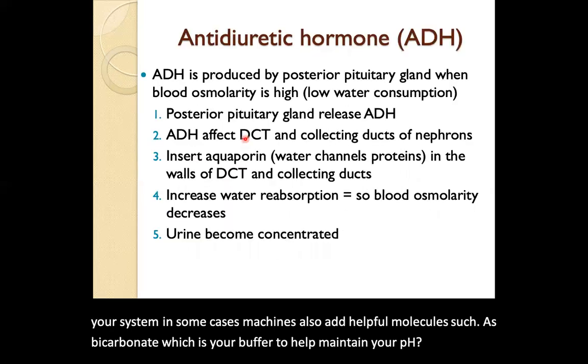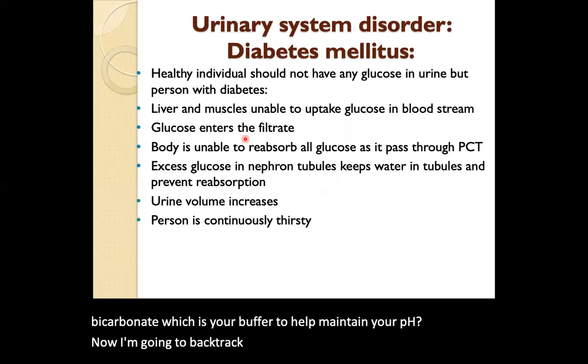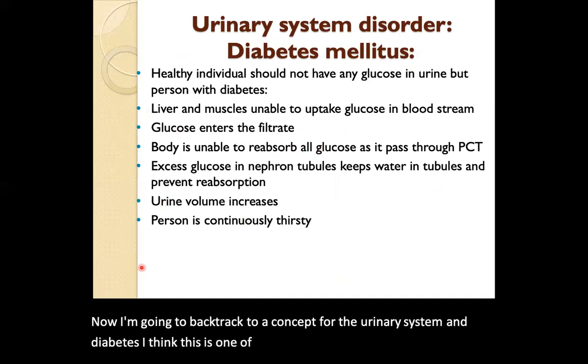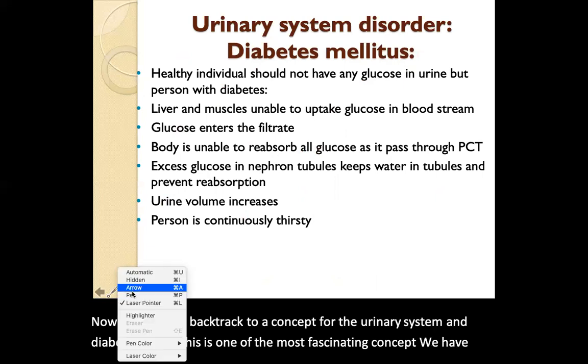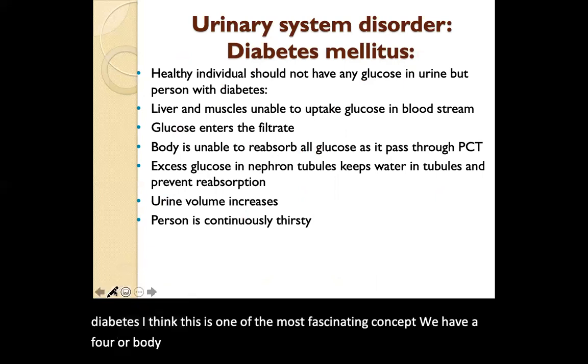Now I'm going to backtrack to a concept for the urinary system and diabetes. I think this is one of the most fascinating concepts we have for our body. So let's take a moment and think about this.